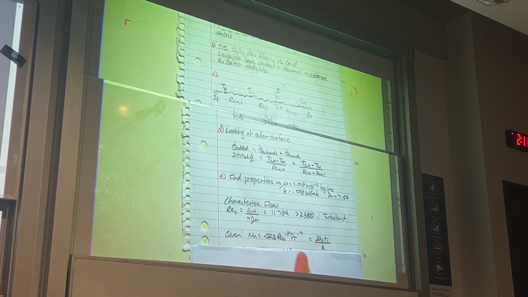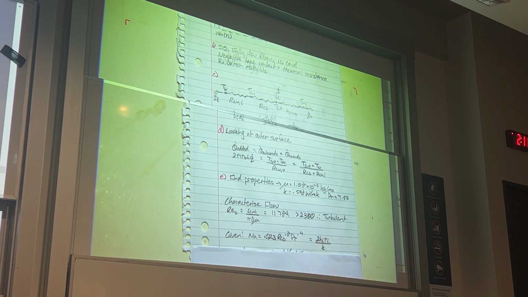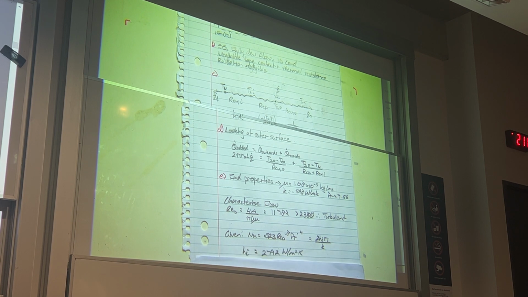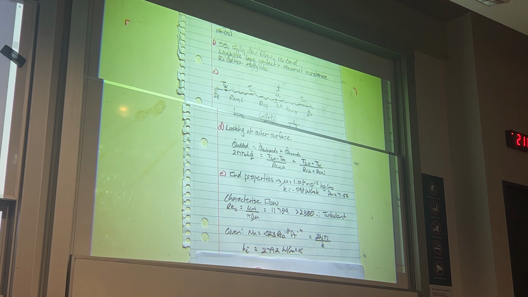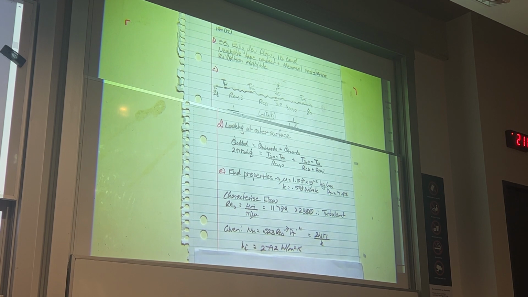So we pick this Nusselt equation, and then we know it's HD on K, but in this case we're only given the radius, so we can use 2 times the radius. And then just plug all your values in and rearrange, and you should get an inner heat transfer coefficient of 2792 watts per meter squared Kelvin.